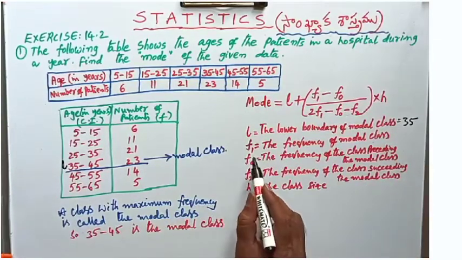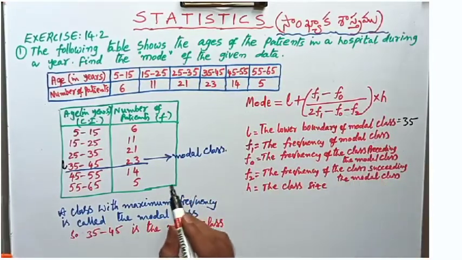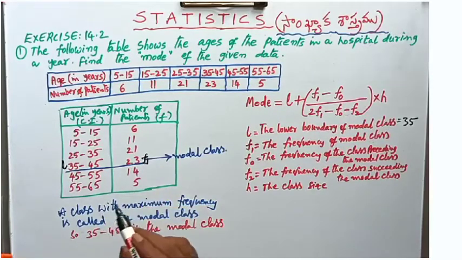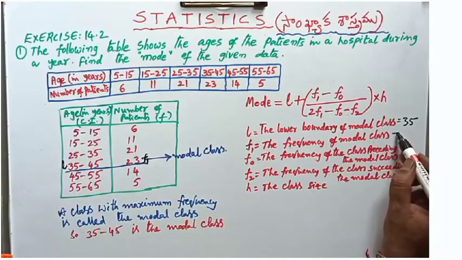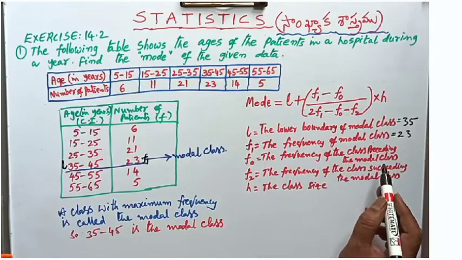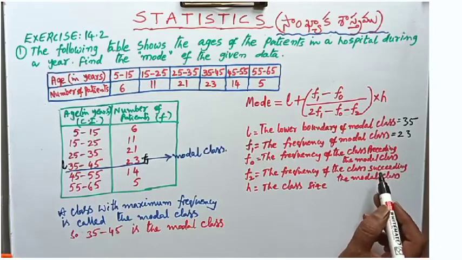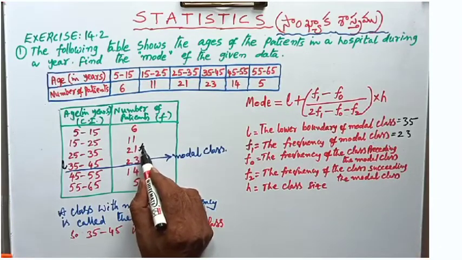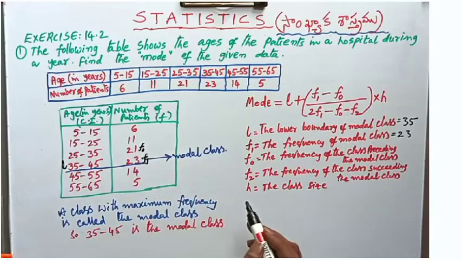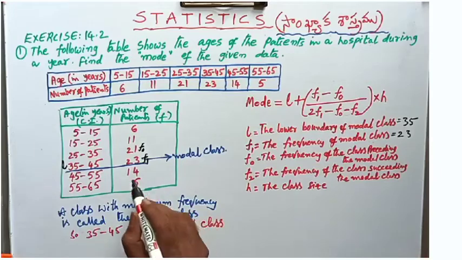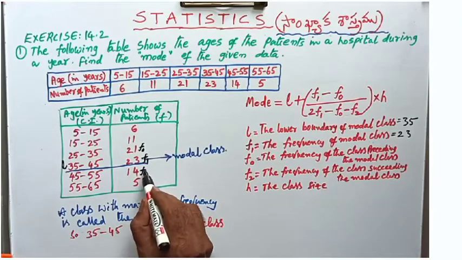And next F1, the frequency of the modal class. F1 is equal to 23. And next F0, the frequency of the class preceding the modal class, is 21. And next F2, the frequency of the class succeeding the modal class, is 14.